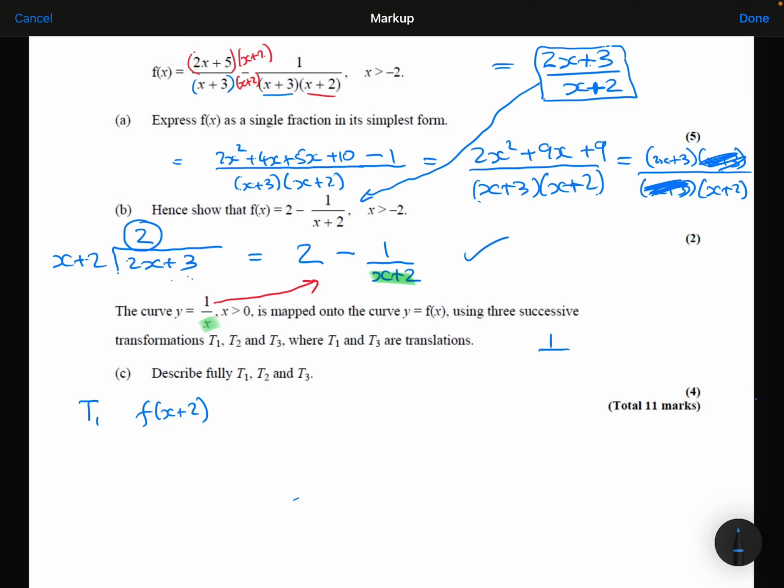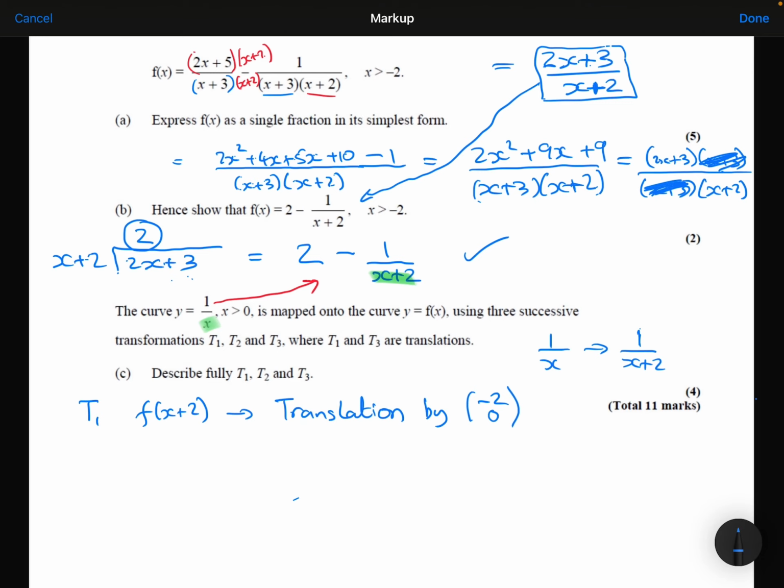That's taking the 1 over x and turning it into the 1 over x plus 2. So this is a translation by minus 2 in the x direction and 0 in the y direction.